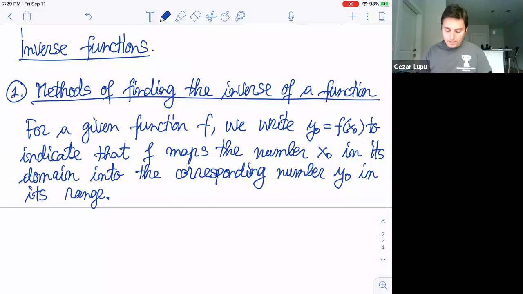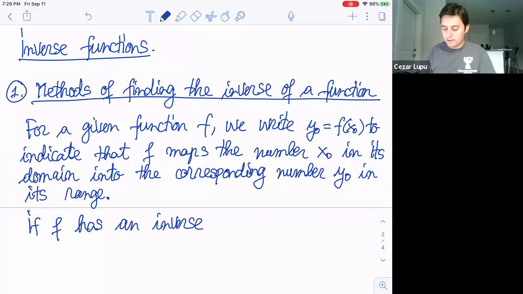All right. Now, if f has an inverse, whatever that means, let's call it f to the -1, right? This is how we're going to denote the inverse of a function.